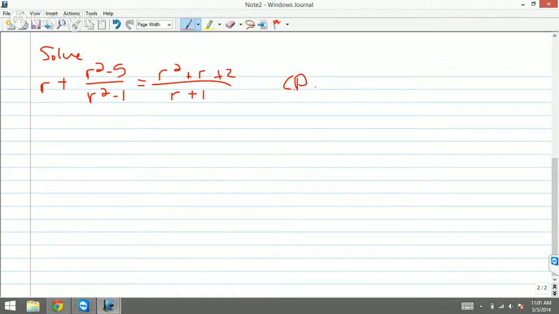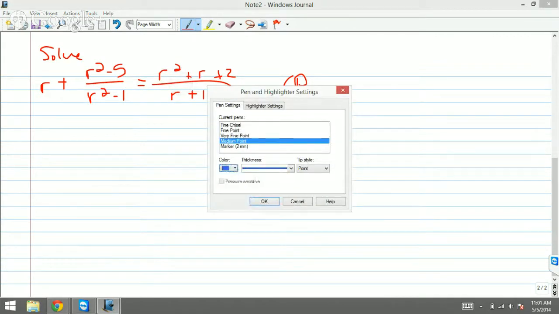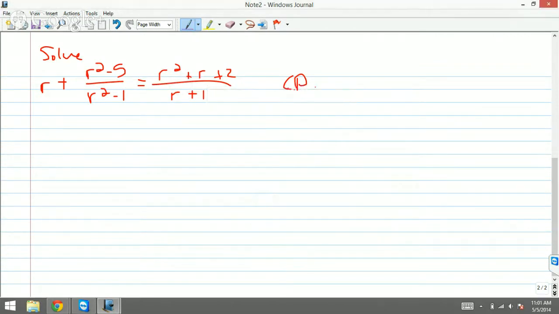Okay, here's the trick. It's not a trick. Pay attention, because this is the key. This right here, you can make your life a lot more simple if you see that you can factor that denominator first.